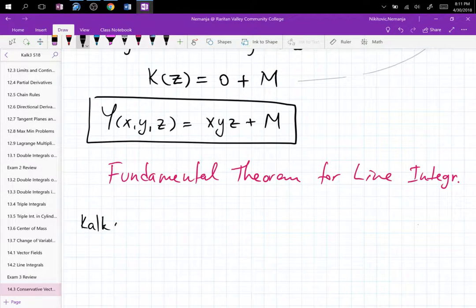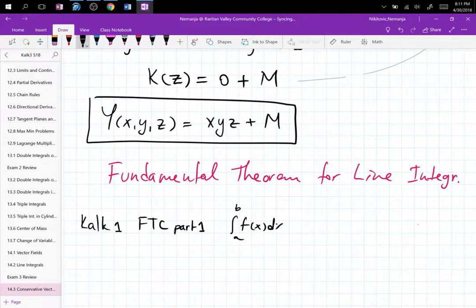Calc 1, fundamental theorem of calculus, part 1, said that the integral from a to b of f of x dx was any antiderivative F of x computed from a to b, which was capital F of b minus capital F of a. So this was part 1 of the fundamental theorem of calculus, which states how to compute area under the curve if the integral is above the x-axis.